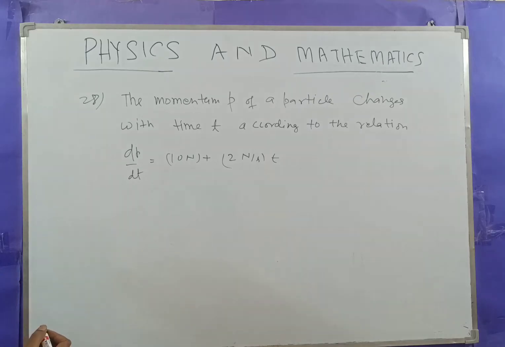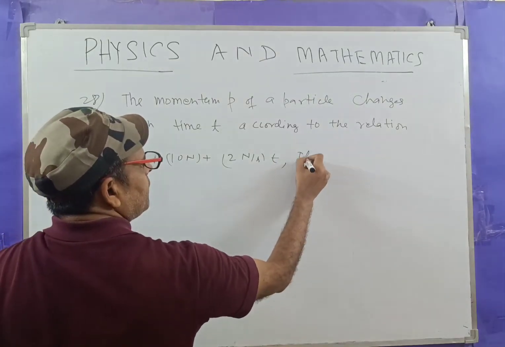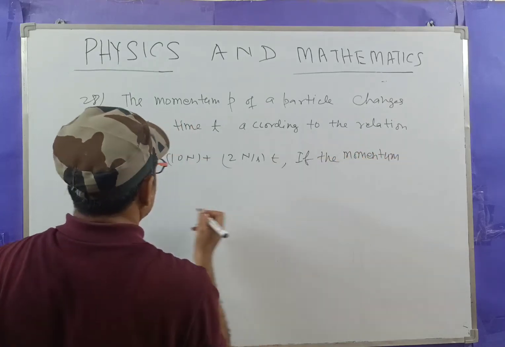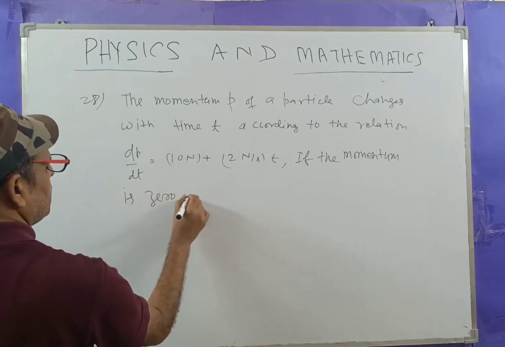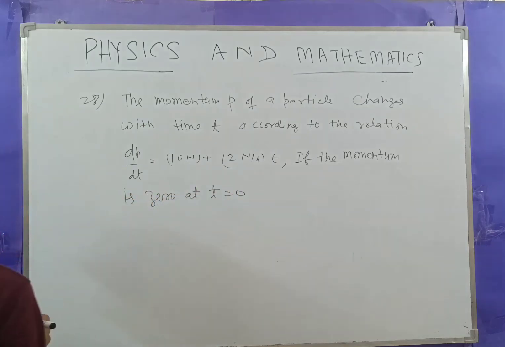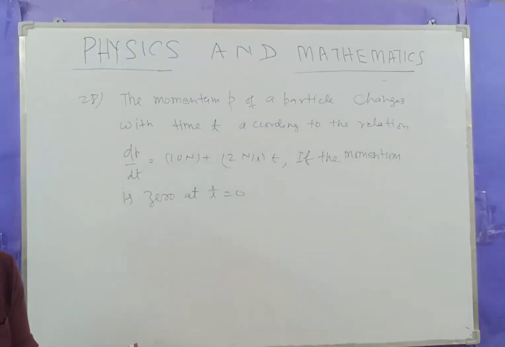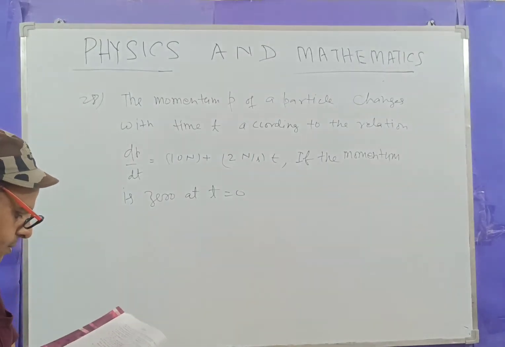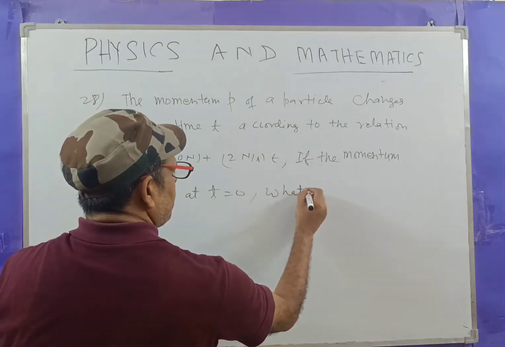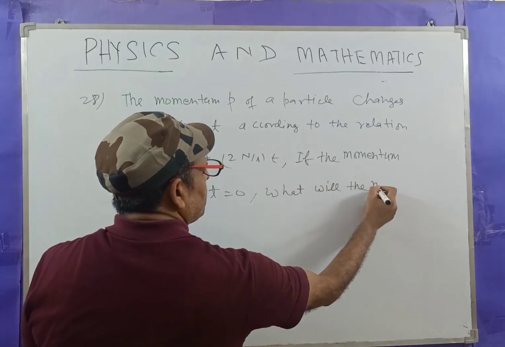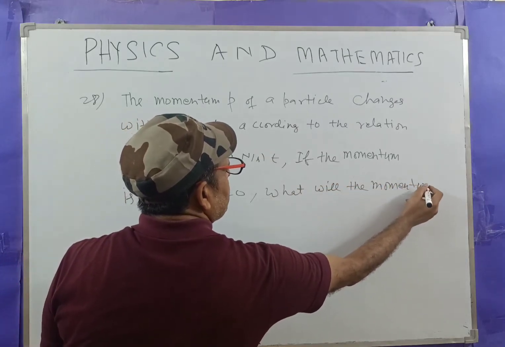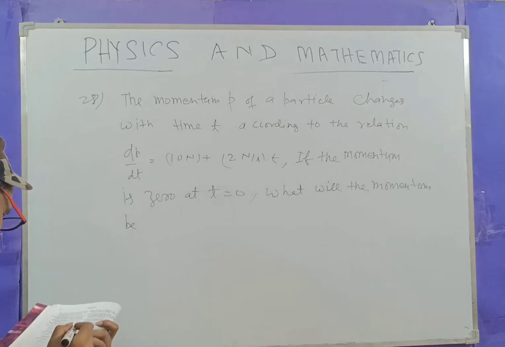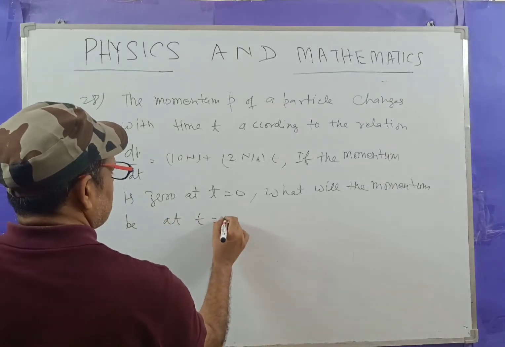If the momentum is 0 at t is equal to 0, what will the momentum be at t is equal to 10 seconds?